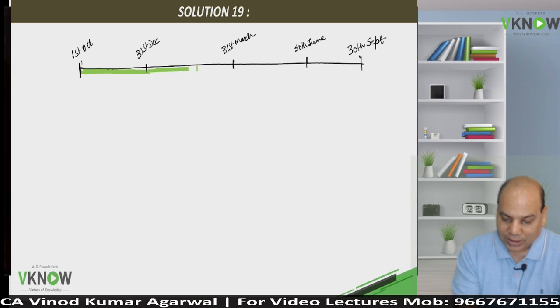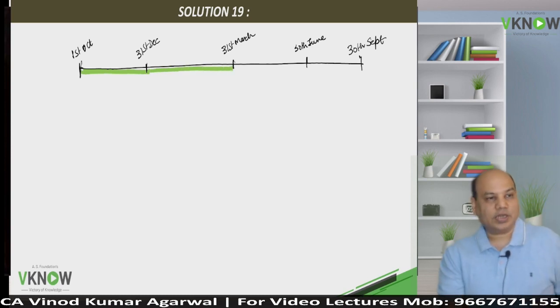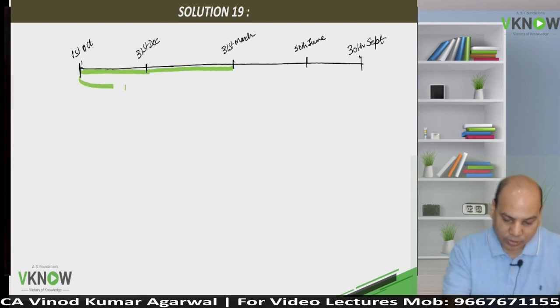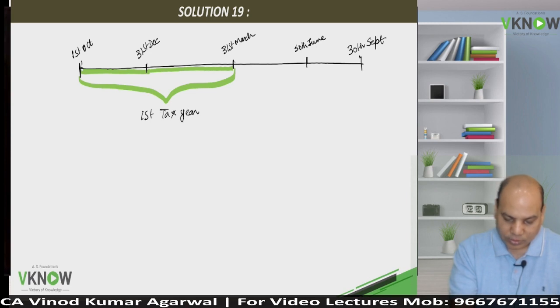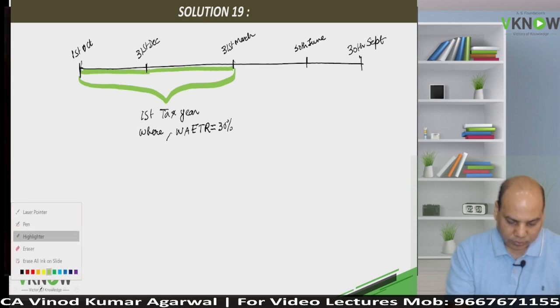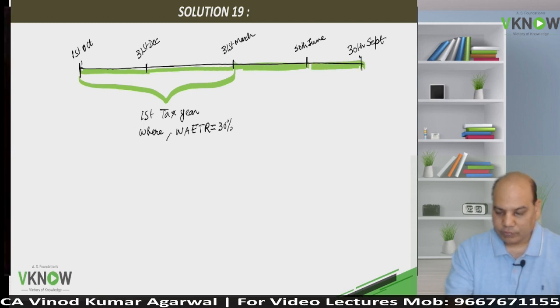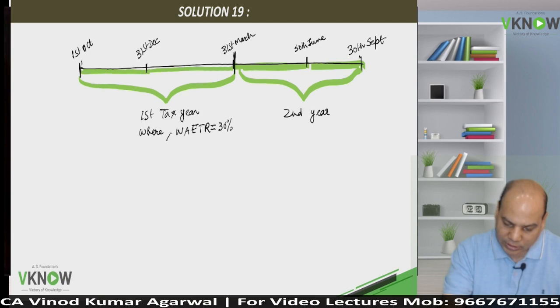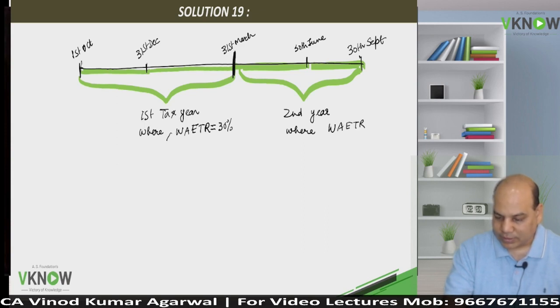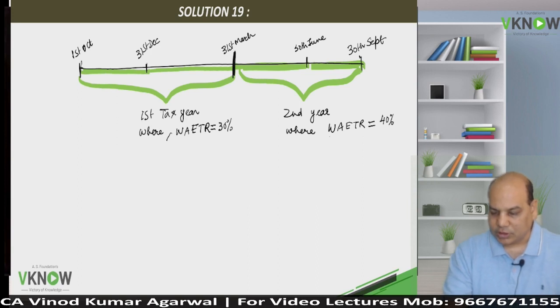First and the second quarter will fall in tax year 1, the first tax year, where weighted average effective tax rate is 30%, and third and the fourth quarter will fall in second tax year, because the tax year ends on 31st March, where weighted average effective tax rate is equal to 40%. This is given in the problem.